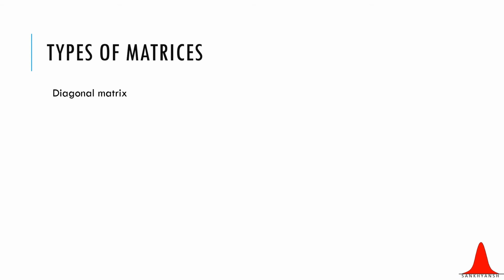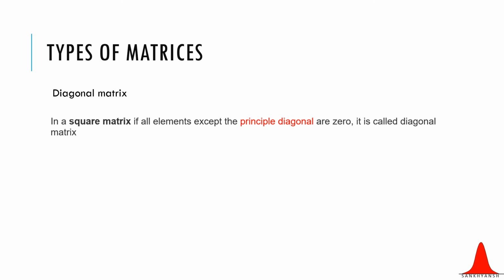Then a diagonal matrix. In a square matrix, if all elements except the principal diagonal are 0, it is called a diagonal matrix. For example, this is a diagonal matrix. This is the principal diagonal. What is the principal diagonal? If you see, from the top left hand corner it goes to the bottom right hand corner.